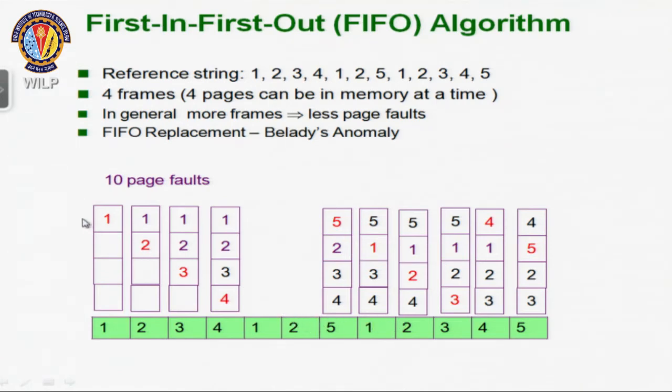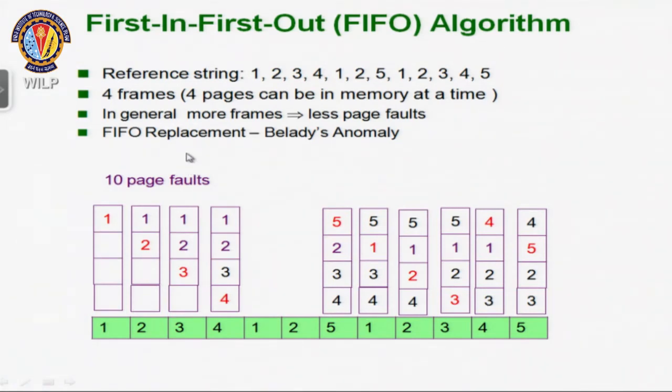Without getting into a description of each, which is pretty self-explanatory, we just need to count the number of page faults which have occurred, and in this case 1, 2, 3, 4, 5, 6, 7, 8, 9, 10. So we find that we have a total of 10 page faults.